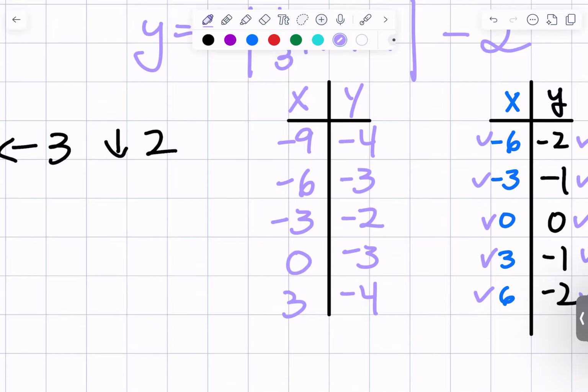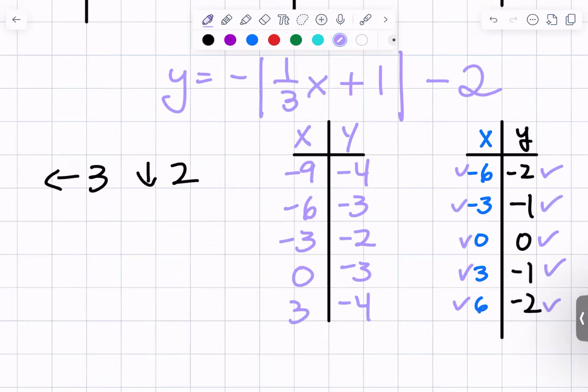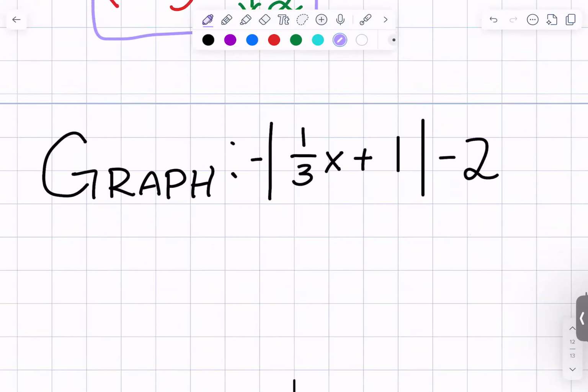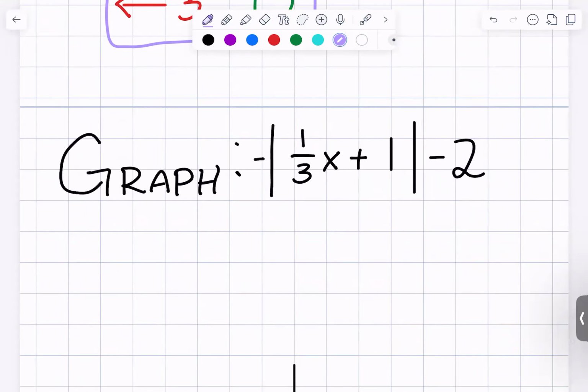You're always gonna do the steps above it, where it's horizontal stretching by a factor of 3 or whatever it is. You're always gonna write out the description. Any other questions? That's your lesson for 2.1 on graphing absolute value functions with transformations. Okay? Thank you.